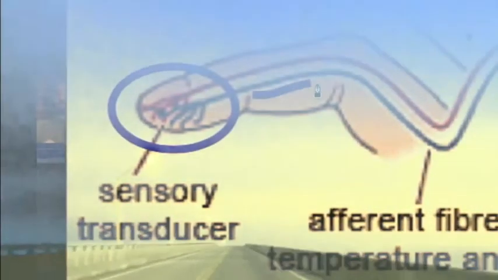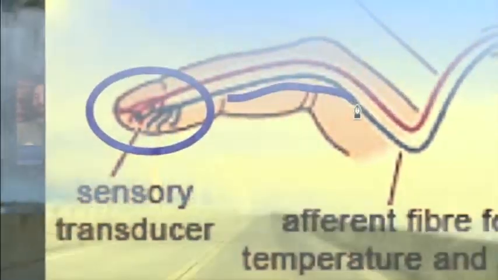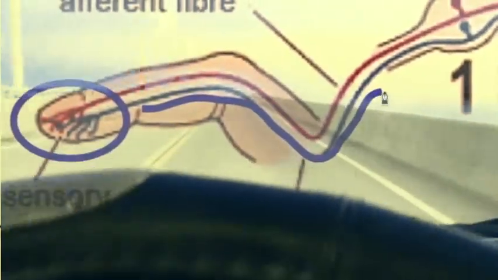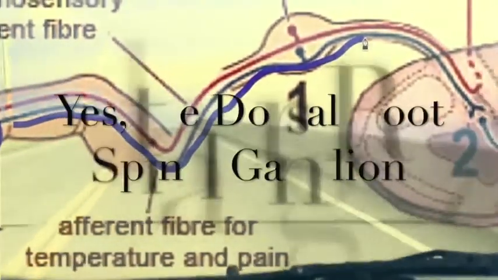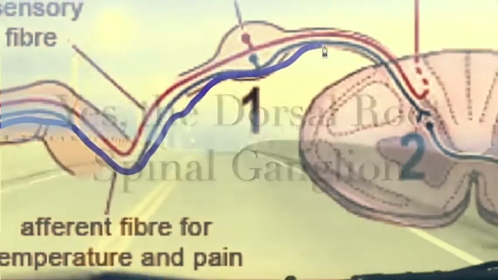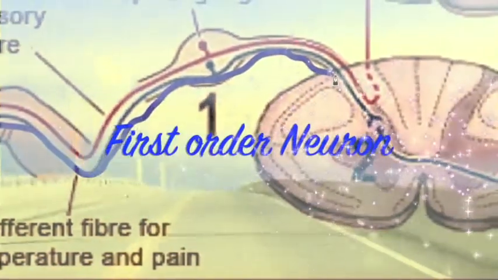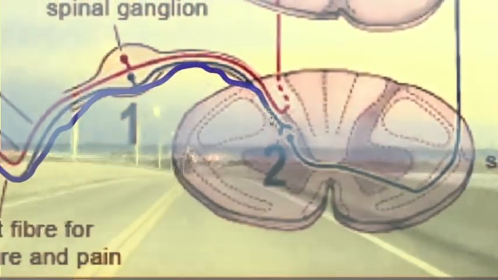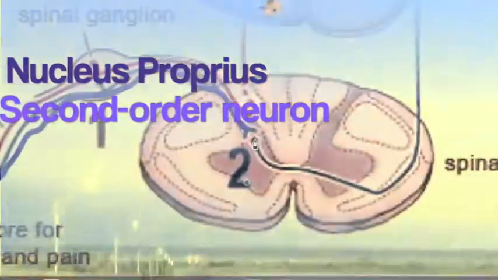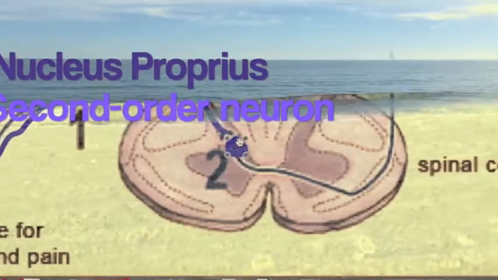This information is going to travel through the ascending sensory afferent fibers. It's going to synapse, I guess, in a spinal ganglion. Anyone know which one? And then it's going to enter the spinal cord through the dorsal horn, sensory information. And here it's going to synapse onto the nucleus proprius.